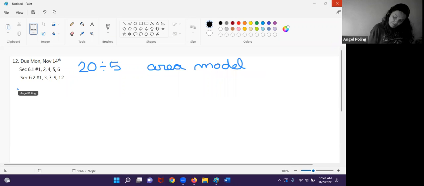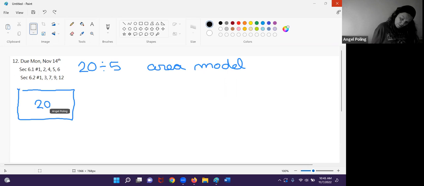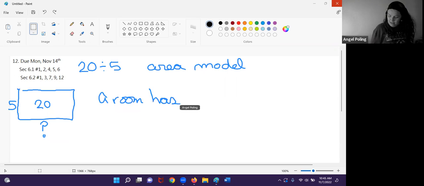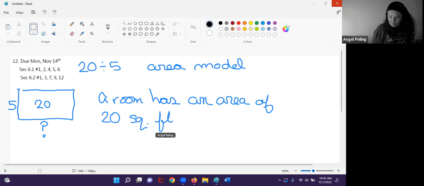If we drew it, you've got a room that has an area of 20, I'm just going to call it square feet.